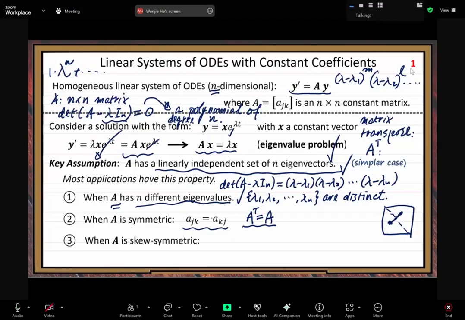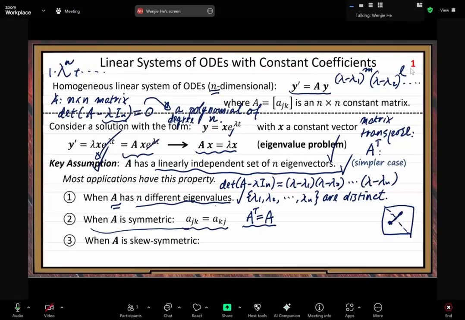If a matrix has this property, then this key assumption is automatically satisfied. We can prove it. Because if a matrix is symmetric, the first condition, that A has n different eigenvalues, is not needed.